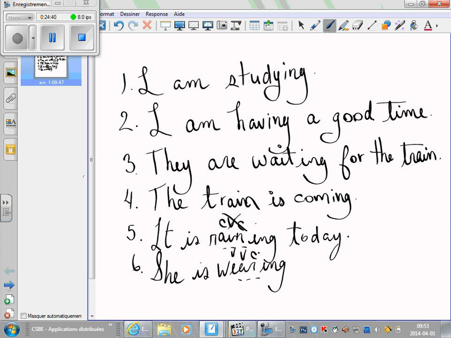So it's not CVC at all. This doesn't mean anything, so it doesn't work. You cannot double it. She is wearing earrings.